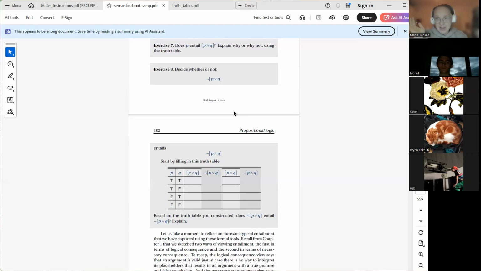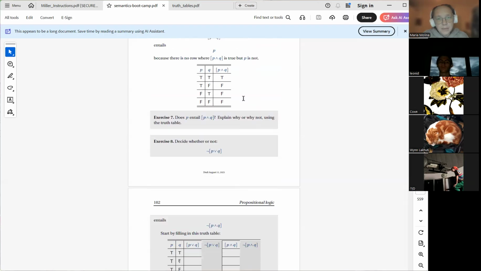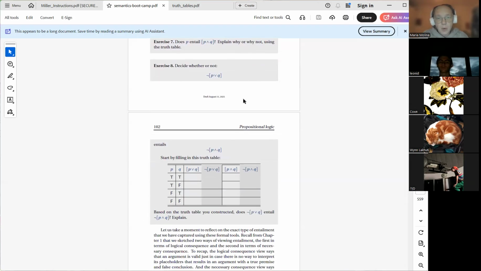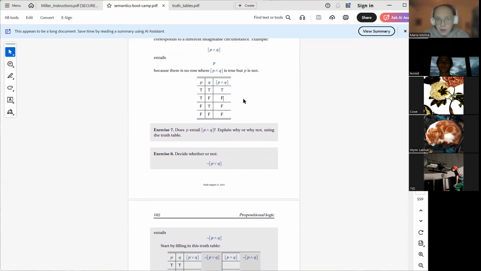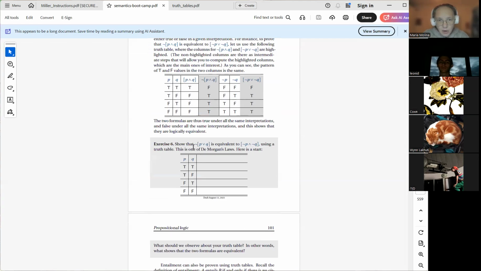And now, negation of P or Q is a negation of P and negation of Q, which we actually did over here.